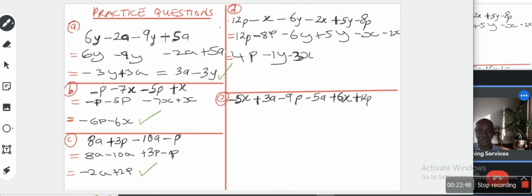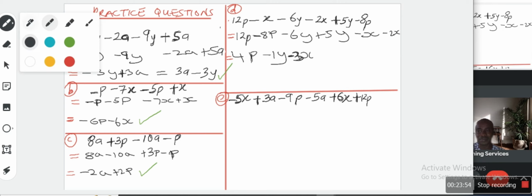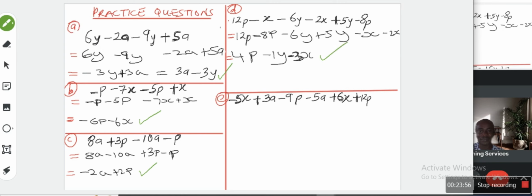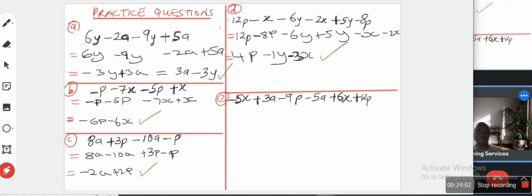Interesting. Finally, let's collect the terms in their letters. Good. We are collecting in X first.